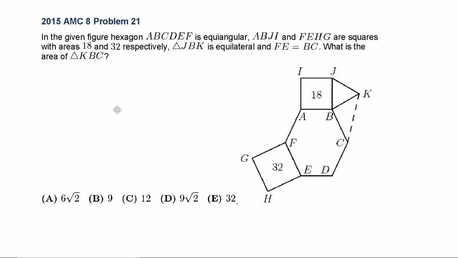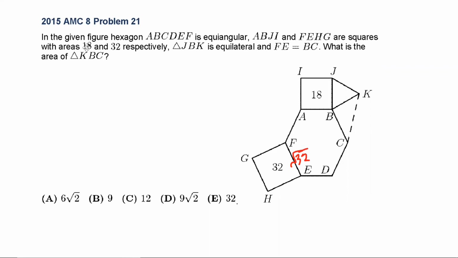Okay, so let's get started. They tell us that FE is equal to BC. Now, since FEHG is a square, that means FE is equal to the square root of 32. So this is the square root of 32.